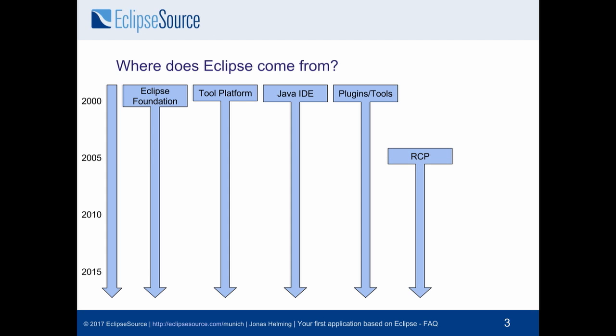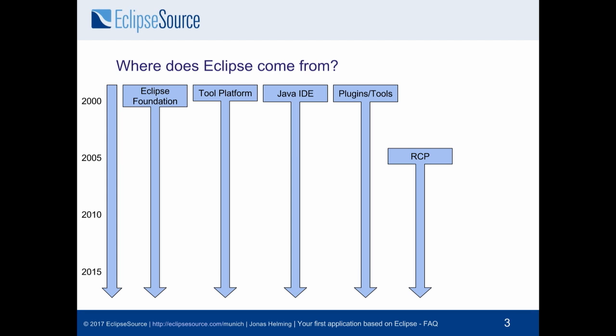However, with version 3.0, which was released in 2005, the core team introduced something that we call RCP, that stands for Rich Client Platform. And the background of this is actually they took the existing tool platform and separated it in two pieces. One piece was RCP, which contains all framework components that you can use in any kind of application. Things like the perspective, views, all this stuff.